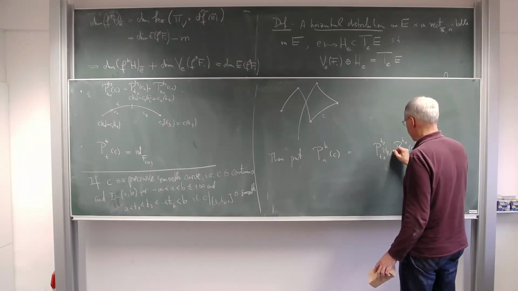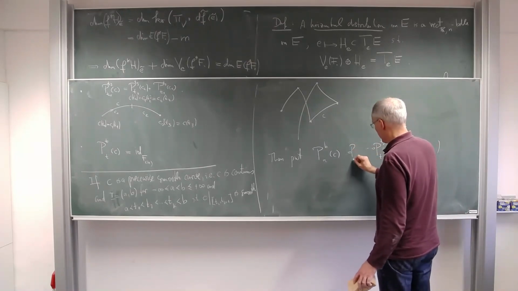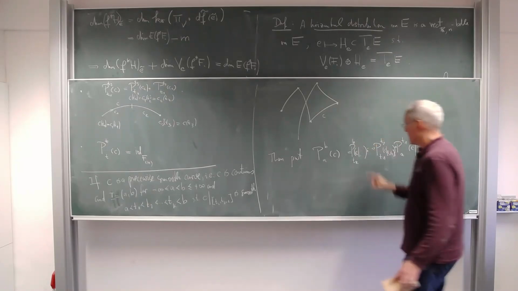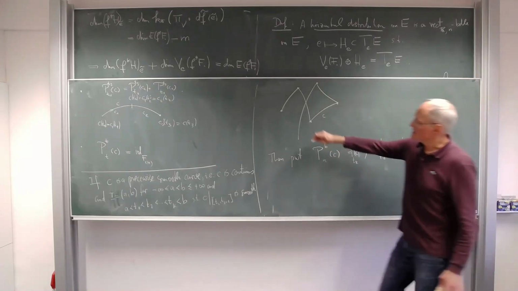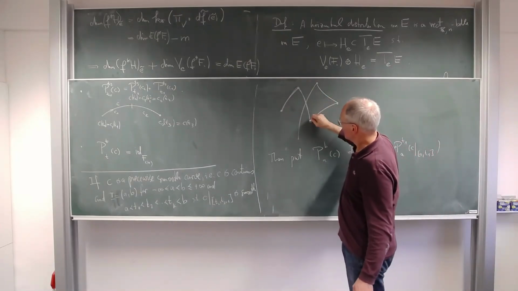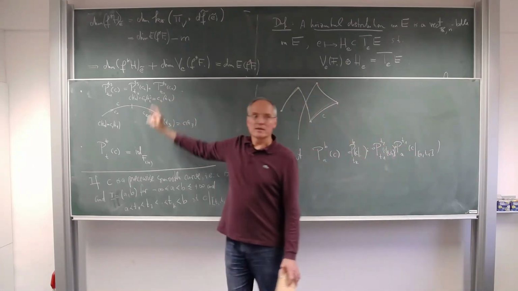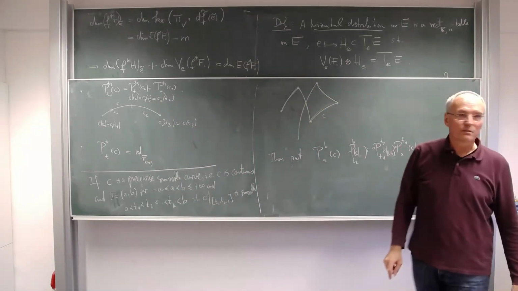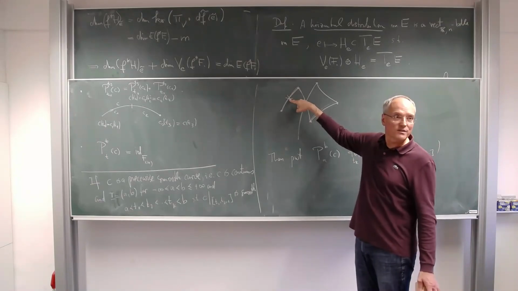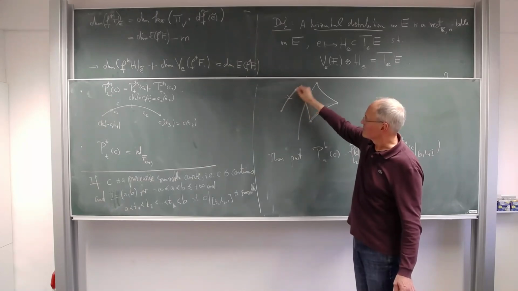T1, T2, and so on, all the way up to Tk, B, with C restricted to the corresponding interval. So what I'm saying is simply that the parallel transport along this curve is defined as first parallel transporting here, then parallel transporting there. And because of this property, this is a reasonable definition, because it doesn't matter whether or not I consider this point as a non-smooth point, because this parallel transport is the same as this, followed by that.